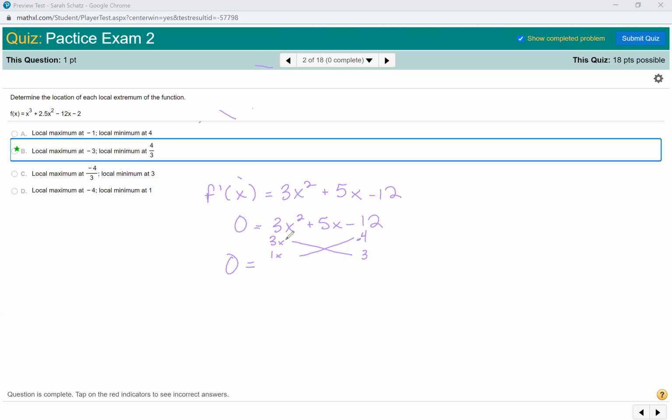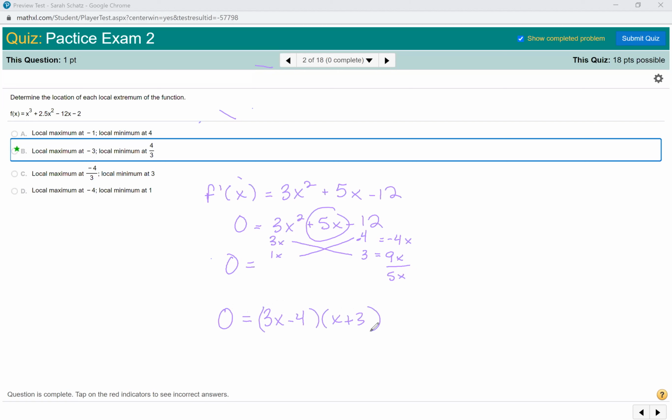Because when I check on the cross products, 3x times 3 is 9x. 1x times -4 is -4x. When I cross product and then add those together, I get 5x, which is what I have in the middle. So I'm going to write this as 3x minus 4 and x plus 3.